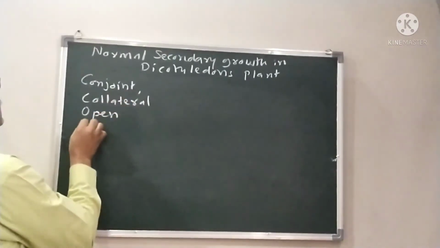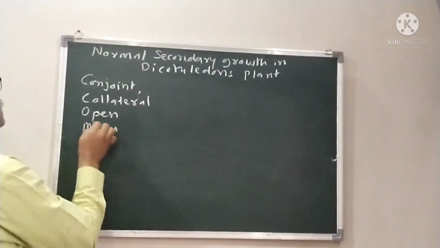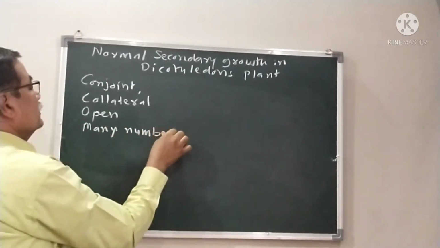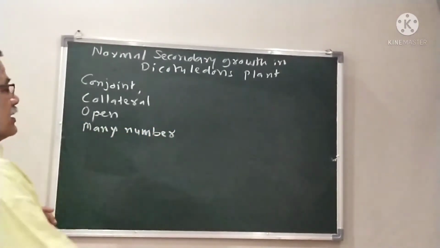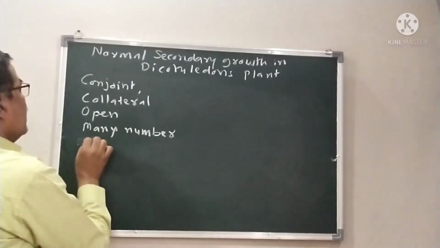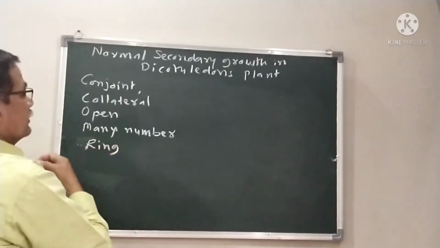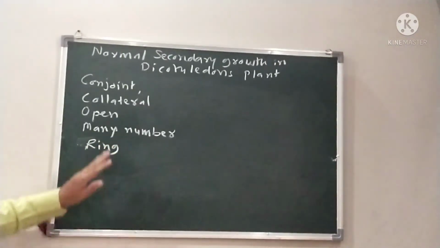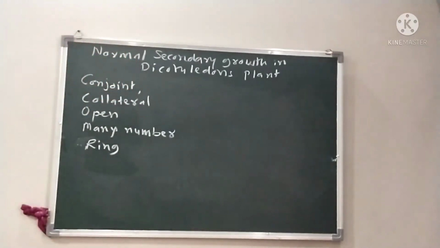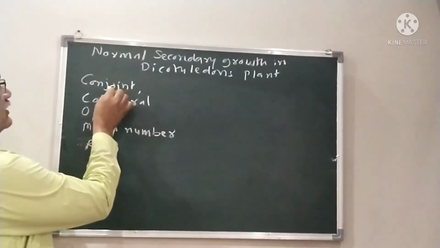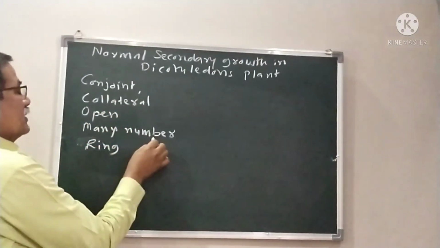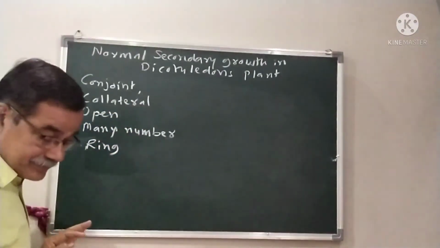The vascular bundles are many in number, and they are arranged in a ring. This is the most important characteristic of the secondary growth. Vascular bundles are conjoined, collateral, open. Vascular bundles are many in number, and they are arranged in a ring.